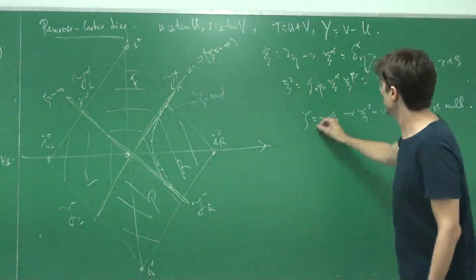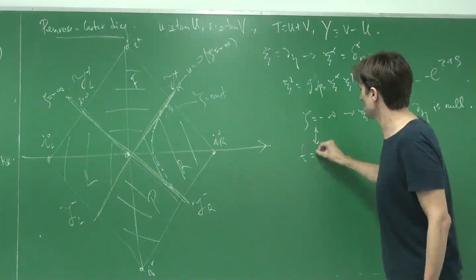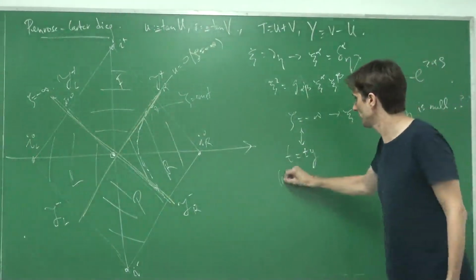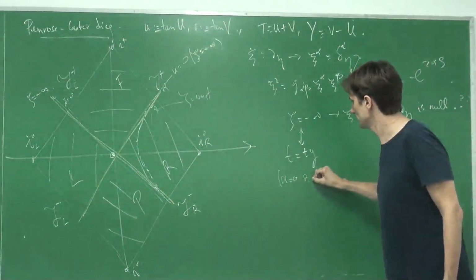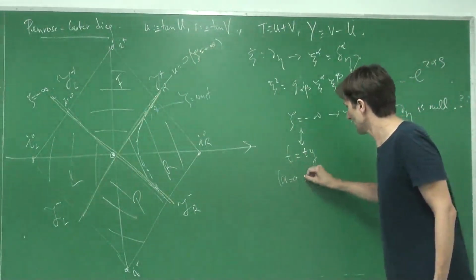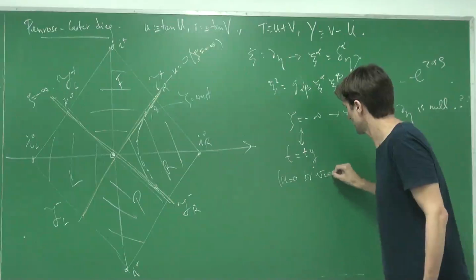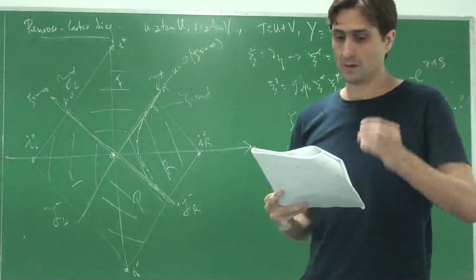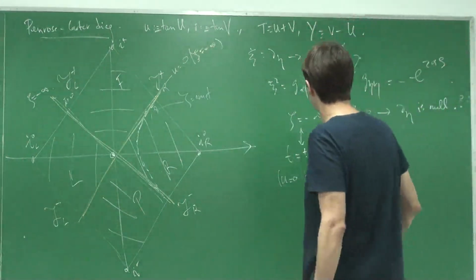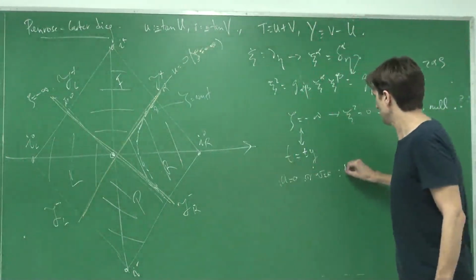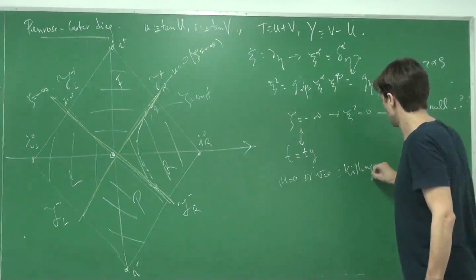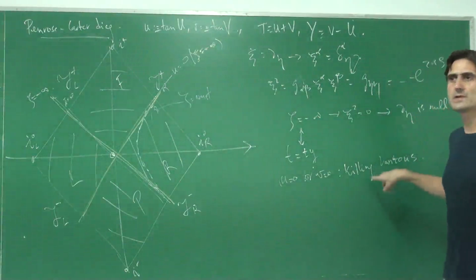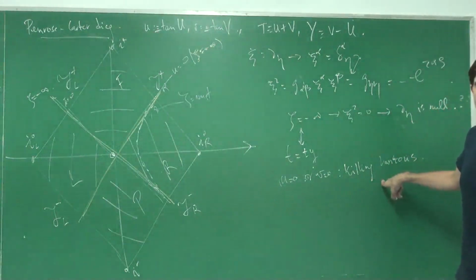This is t equals plus or minus y, or u equals 0 or v equals 0. So these are called Killing horizons. This is where a Killing vector becomes null.